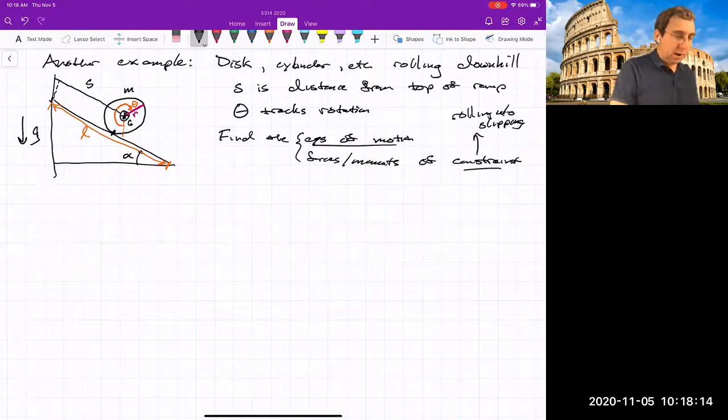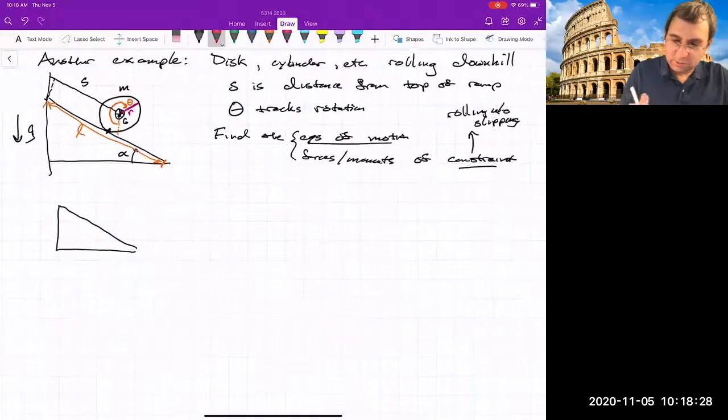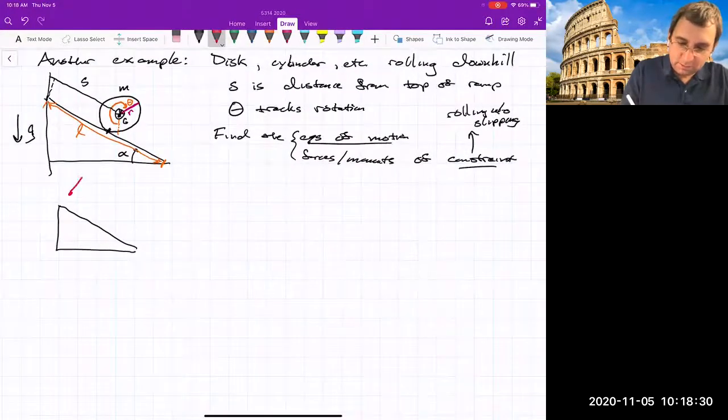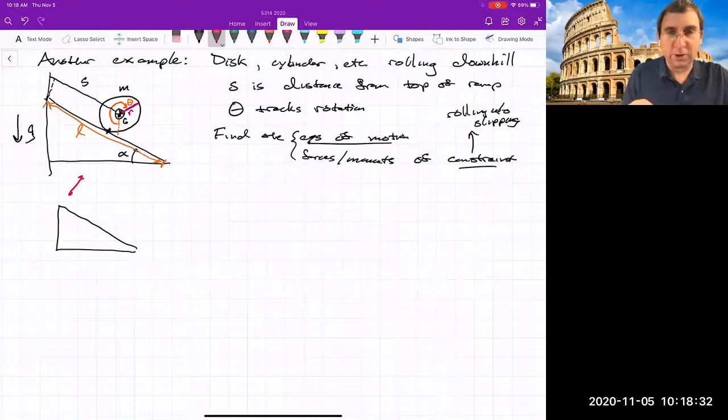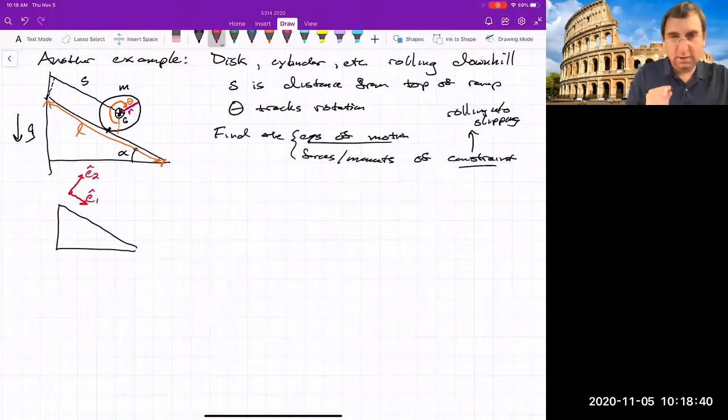For this problem, I'll sketch it again down here, a different sketch. I'm going to write an inertial frame where one of the directions is parallel to the ramp. I'll call that the E1 direction, and then normal to the ramp is E2.